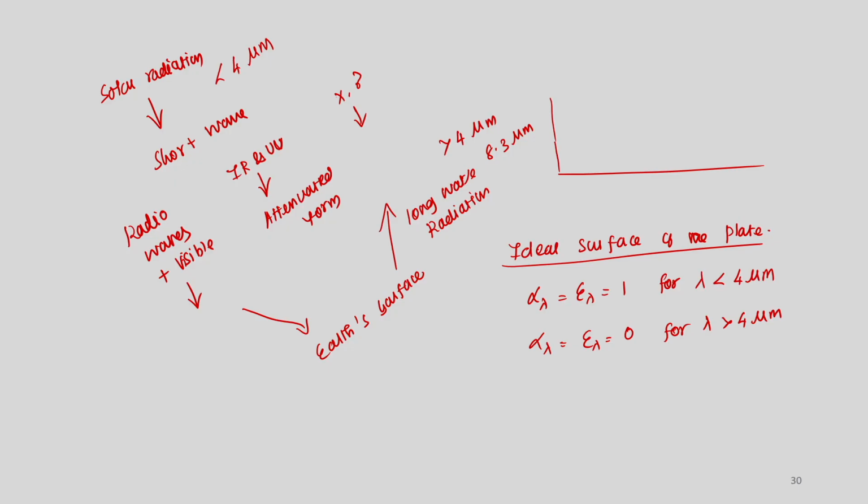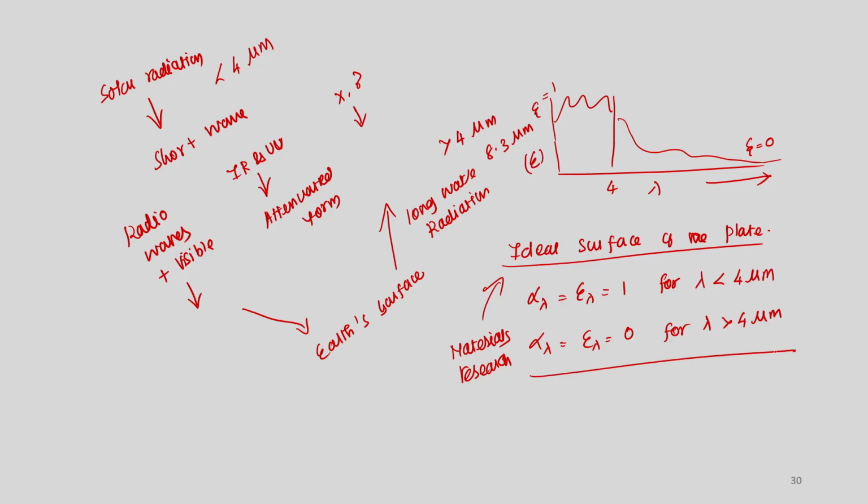There are certain research groups working on materials research to get this ideal surface, but we are not getting into that. What I wanted to make clear is that for this radiation the emissivity should be 1, and for all long wave radiation the emissivity is going to be around 0. So, this is lambda, this is around 4, and this is the higher value of 4. This is nothing but emissivity data.